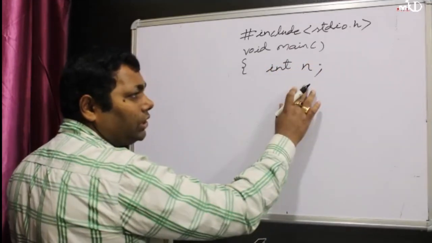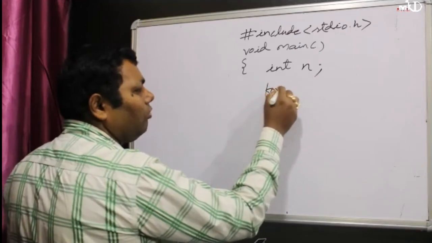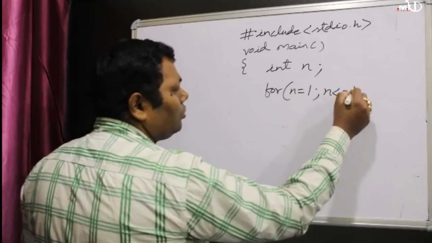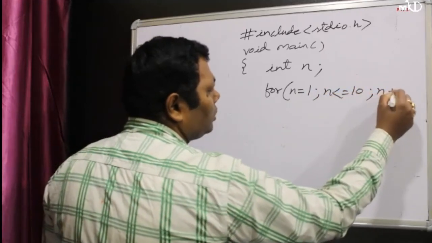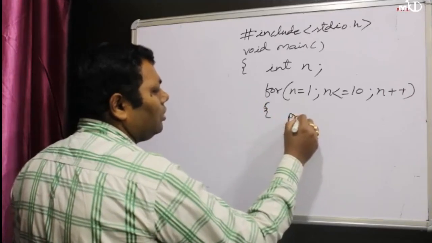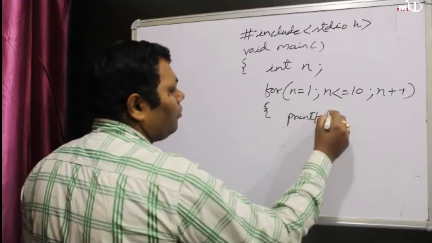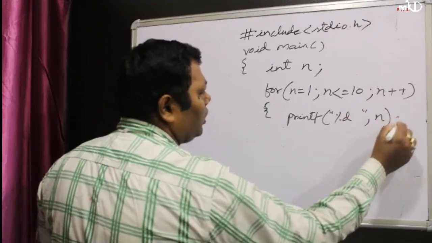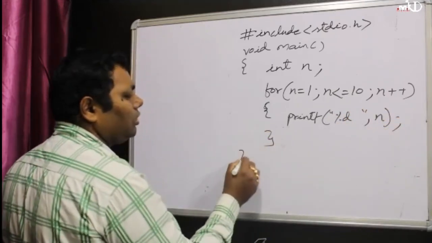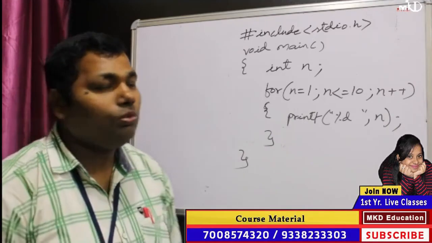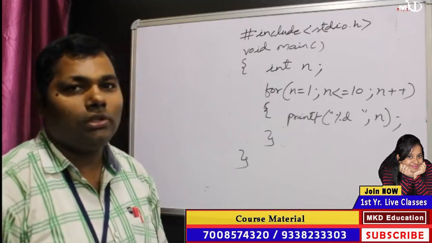No need to initialize at the beginning. for n equal to 1, n less than or equal to 10, n plus plus. printf %d, that is the value of n. Okay, it will display the same output, 1 to 10.